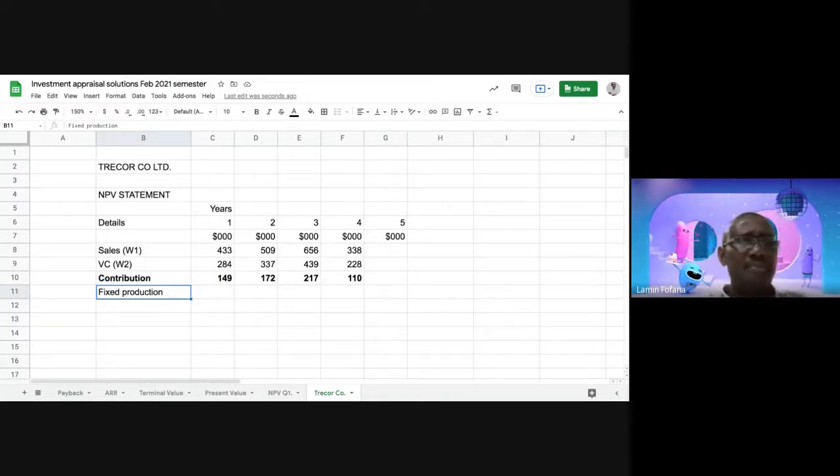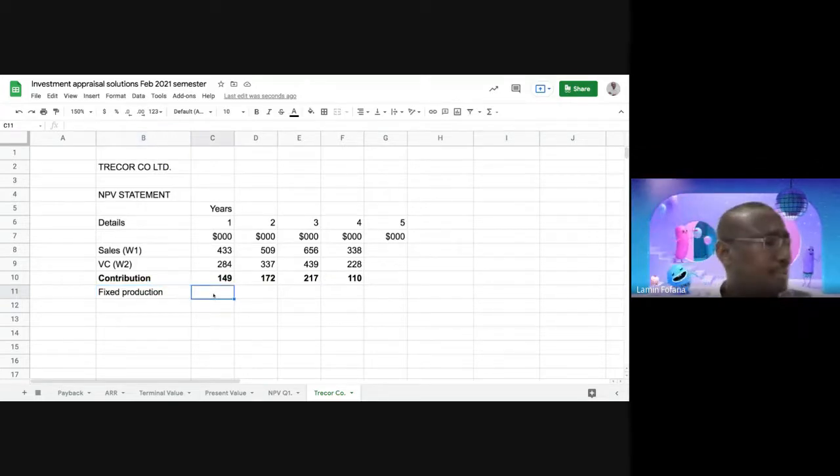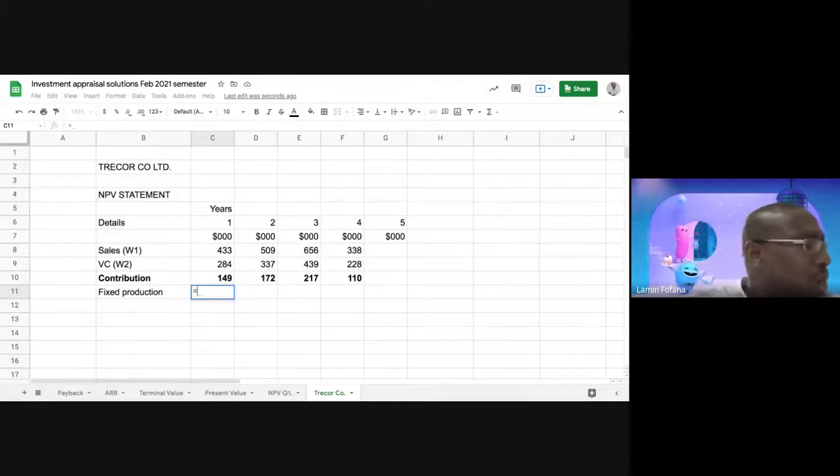So that means we are going to do our calculation here. So in year one, what we're going to get will be equals, okay? The fixed production rate is what? What is given in the question? 25,000.